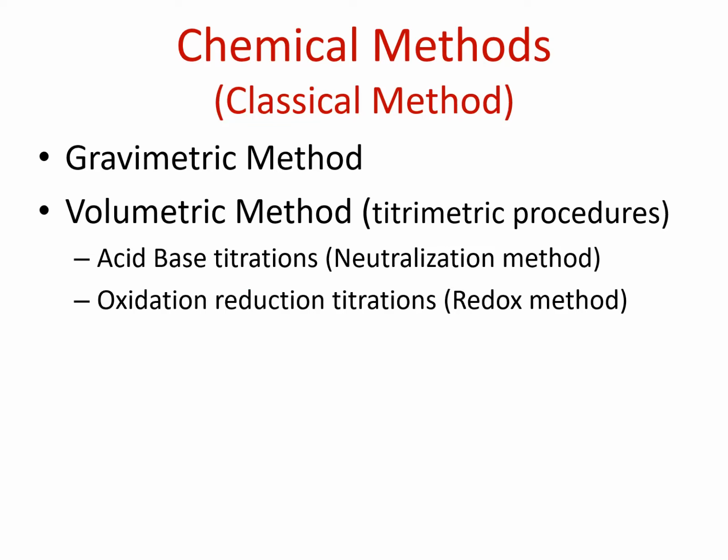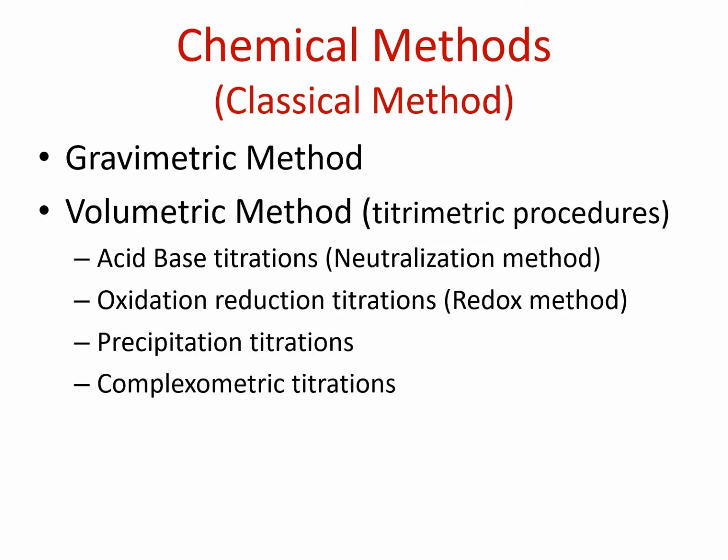The other type of volumetric method will be the oxidation-reduction titrations, which involve redox type of methods. The other one for volumetric methods will be precipitation titrations. And as well, we can use titrimetric measures or volumetric methods to follow some complexometric titrations.